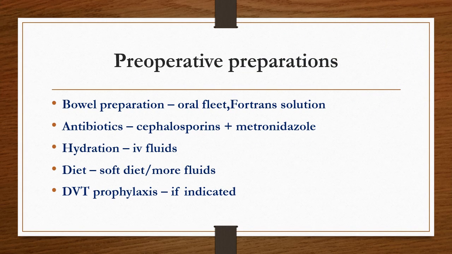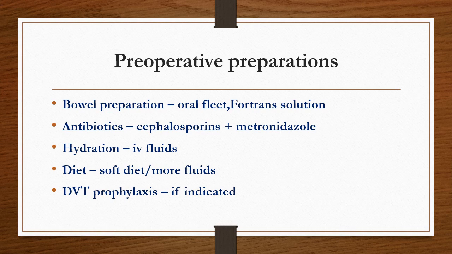Okay, first you need to prepare the bowel. Bowel preparation is very important, and it's the most important preoperative preparation that must be done for the patient going for colonic resection. This can be done by oral administration of fluid or Fortran solutions, which cause massive cleansing of the intestines.